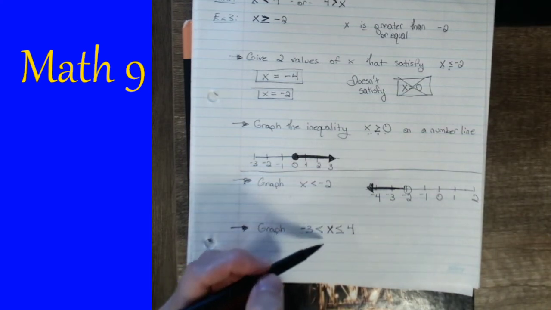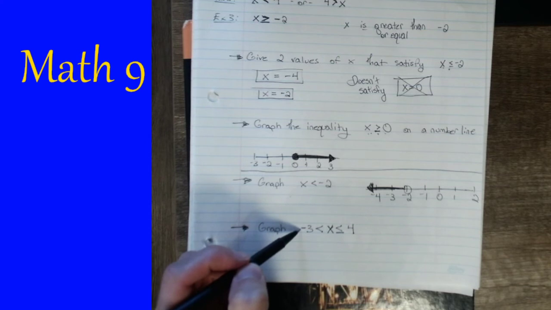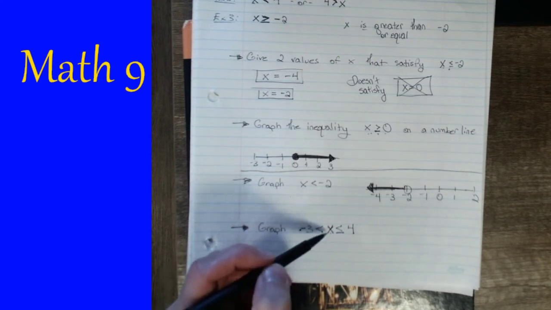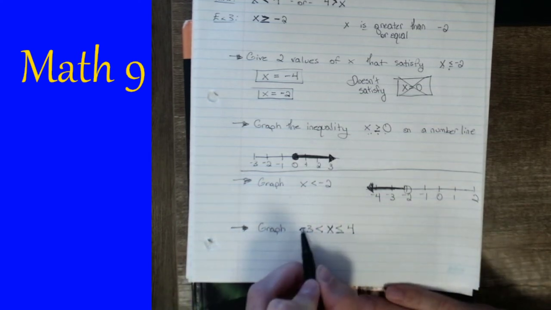When I read this left to right, I'd say -3 is less than x, but x is less than or equal to 4. That can be somewhat confusing.